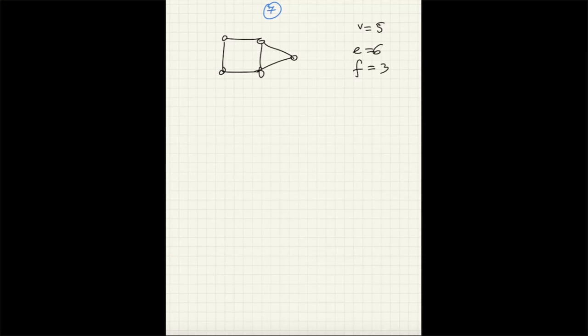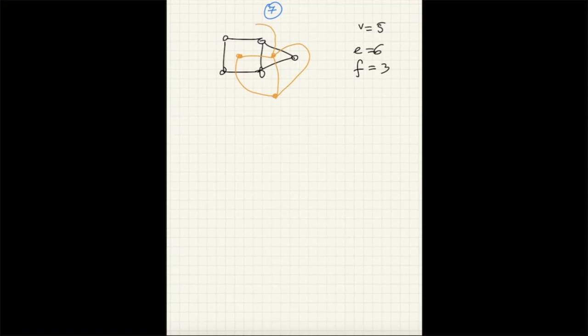So you can construct the dual graph. Let's say this vertex here, here, and here. Okay.